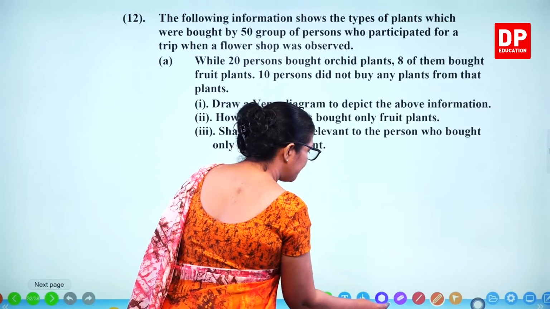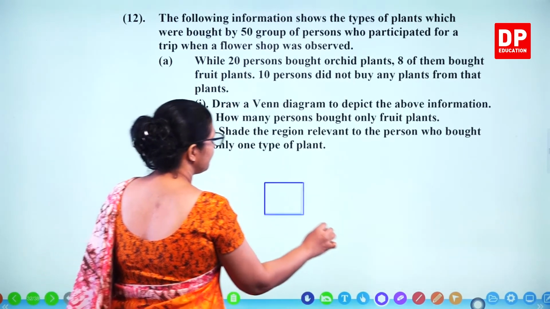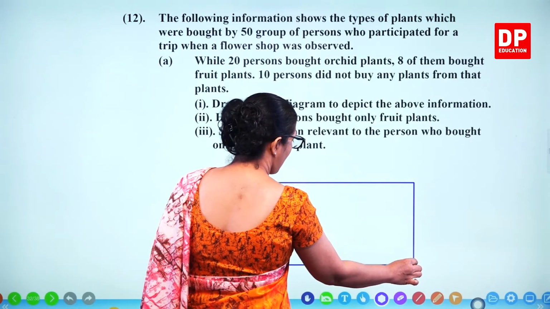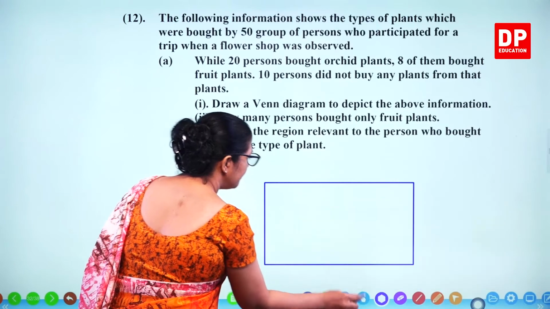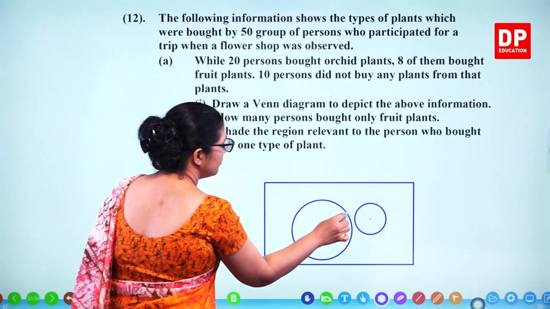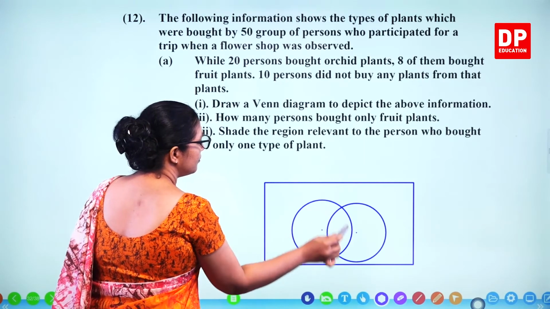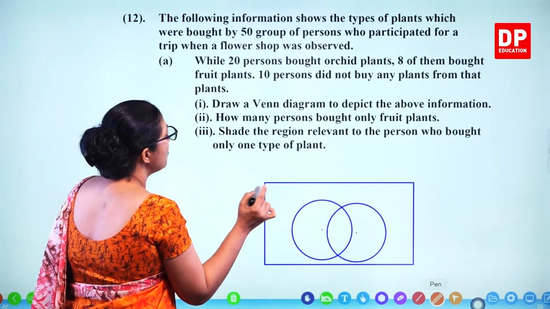So you can take a rectangle first. And you need 2 circles. What are the 2 circles? Orchid plants.